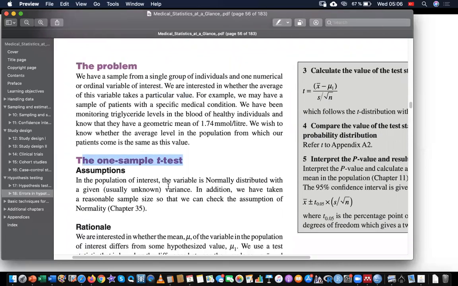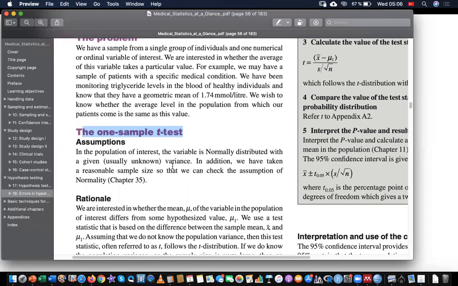One sample t-test has these parametric tests. All the parametric tests have some assumptions. You have to meet these assumptions to conduct these parametrical tests. And in all parametric tests, the two assumptions you will see is, one is in the population of interest, the variable should be normally distributed. Normally distributed.